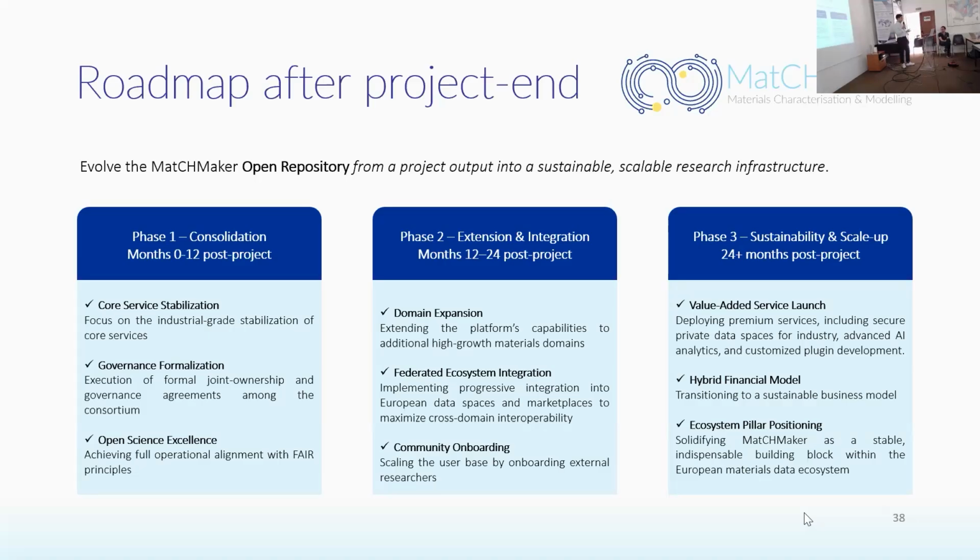Then a second action could be the federated ecosystem integration, so implementing a progressive integration into the European data spaces and the marketplaces to then maximize the cross-domain interoperability with the open repository. Community onboarding.